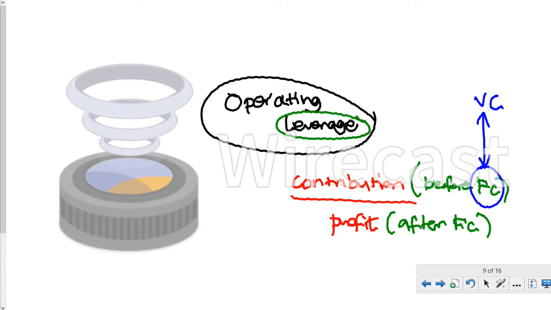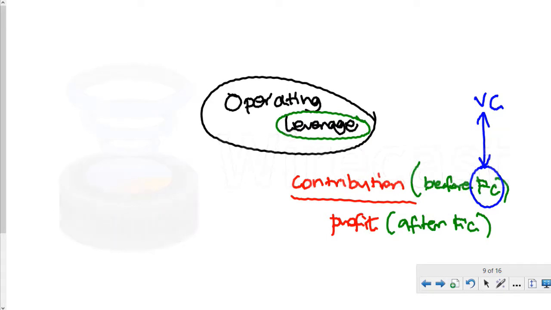When I start off a business, I am very manual, my processes are very labor intensive, and so my costs tend to be variable in nature, isn't it? I rent a car or a delivery truck, or I outsource that to somebody else. It's all variable. As my business grows, so then my variable costs become fixed costs.